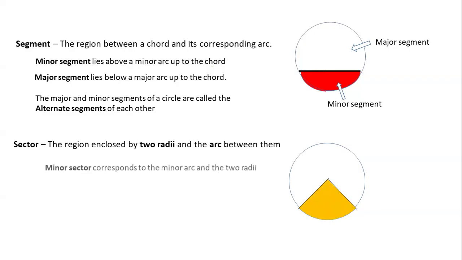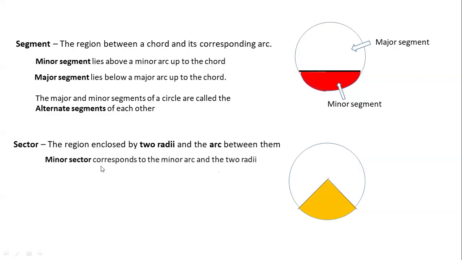So the minor sector corresponds to the minor arc and the two radii. This is a minor arc, as we have already learned. It is the smaller portion of the arc, and you join it with the radii to the center. Then we get a minor sector.